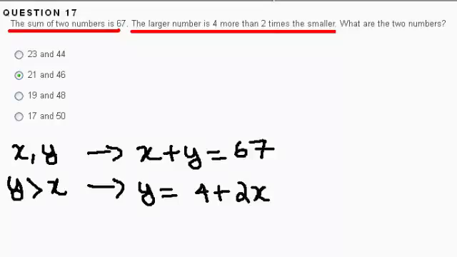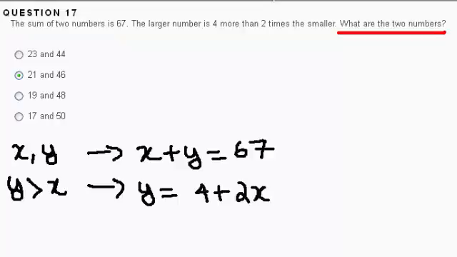Now that we've managed to translate the word problem into two equations, so we've taken the first part, which is the sum of the two numbers is 67, and we've taken the second part, which told us that the larger number is 4 more than 2 times the smaller, we are left with the last part of the question, which asks us to figure out what the two numbers are.